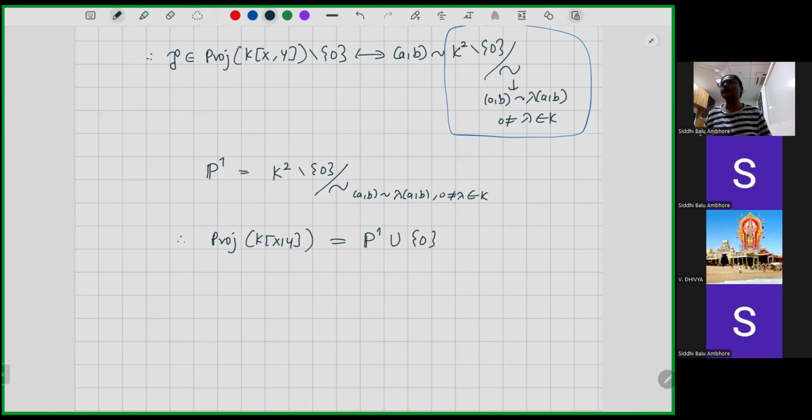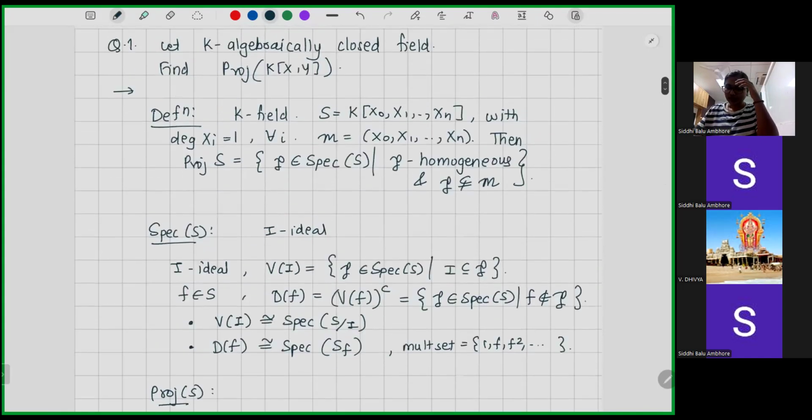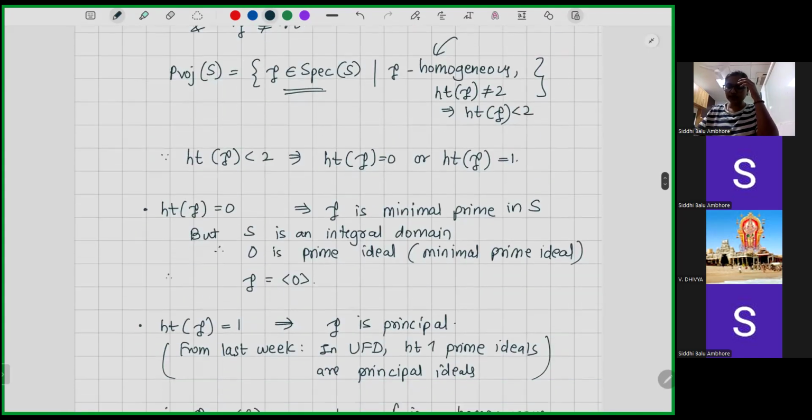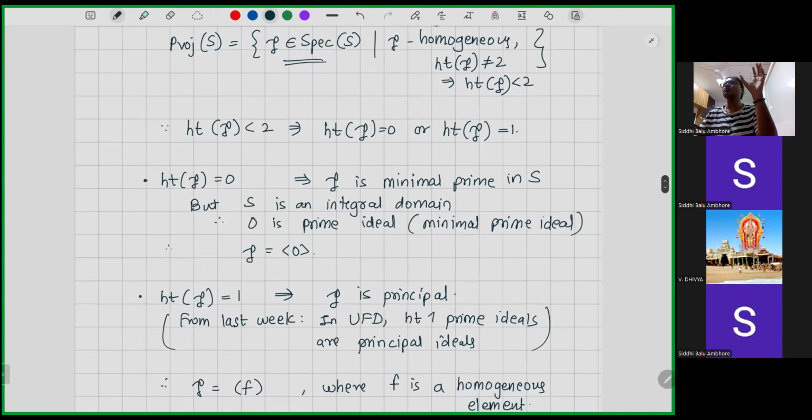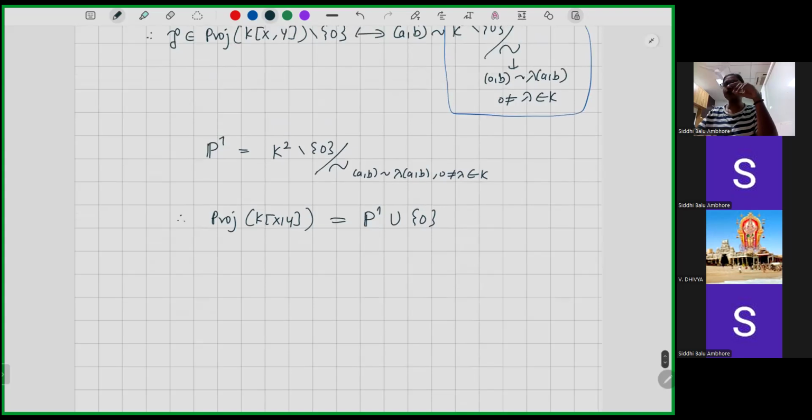Is this okay? Like how we got this? Proj here had height 0 and height 1 elements. Height 0 was only the 0 ideal, and for height 1, we got this one-to-one correspondence with P1.